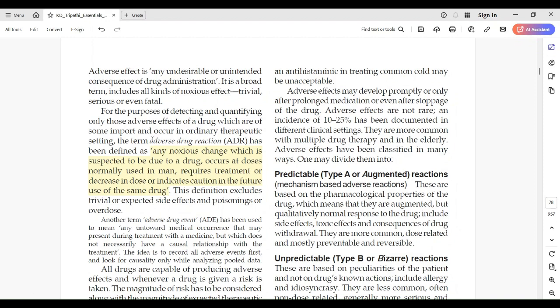So adverse drug reaction means any noxious change which is suspected to be due to a drug, occurs at doses normally used in man, requires treatment or decrease in dose, or indicates caution in the future use of the same drug. Like I said, this definition excludes trivial or expected side effects and poisonings or overdose.